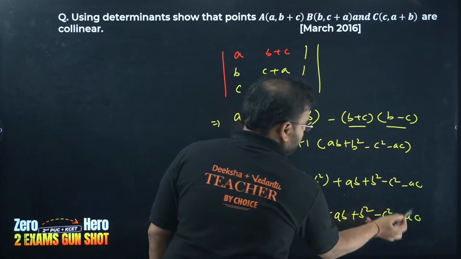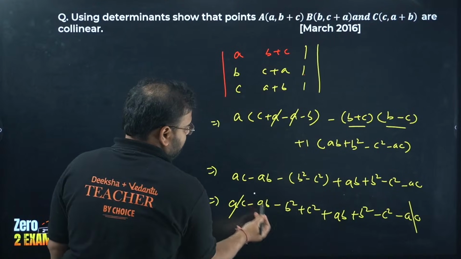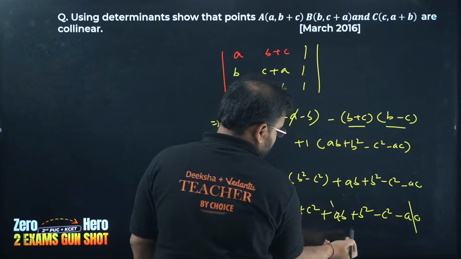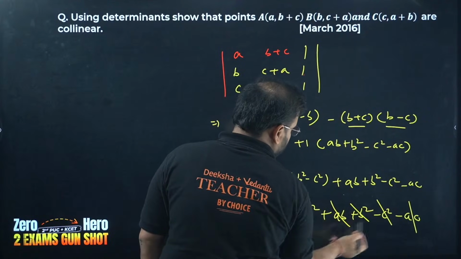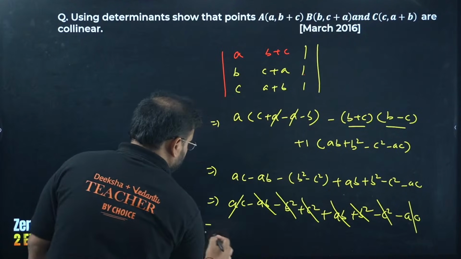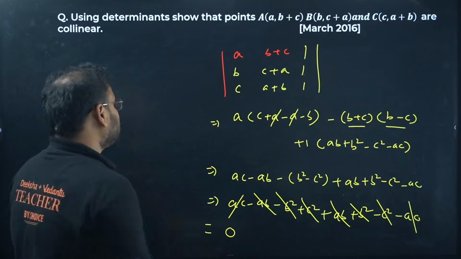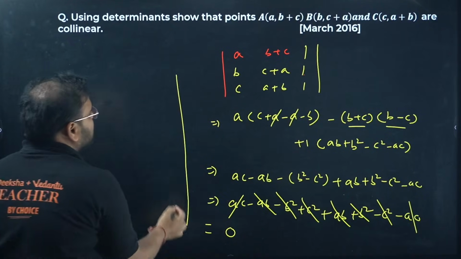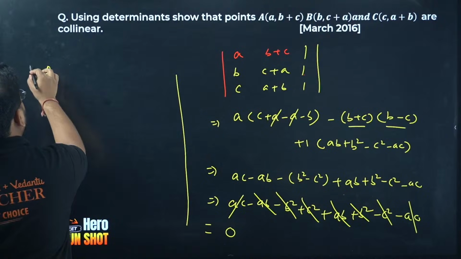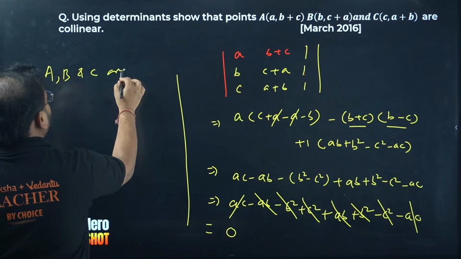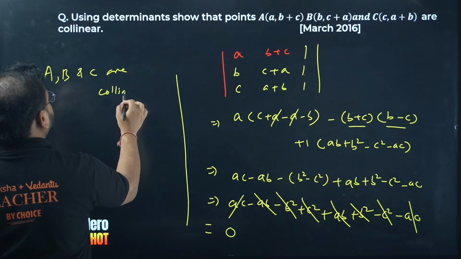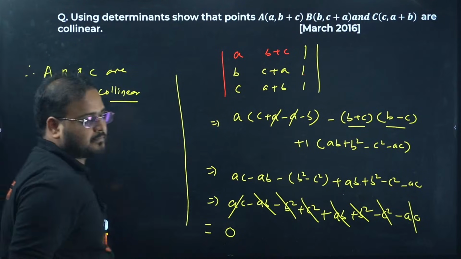Positive AC, negative AC, minus AB and plus AB, minus B square plus B square and minus C square plus C square. Answer is 0. So when this value becomes 0, it means the given points A, B, C are collinear. Therefore, A, B and C are collinear.